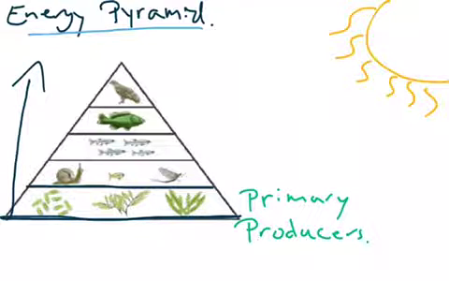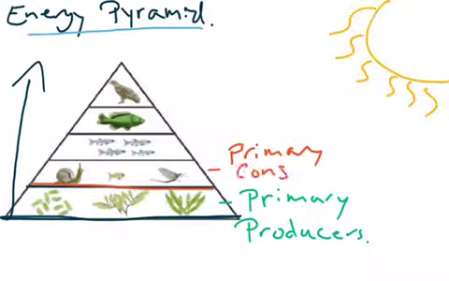When we take a look at this next level right here, right after, this level is called primary consumers, because they are the first level of organisms that has to get their nutrients from something else. They are the first level of heterotrophs, okay? And as we move up, these are all consumers, but this would be secondary consumer.